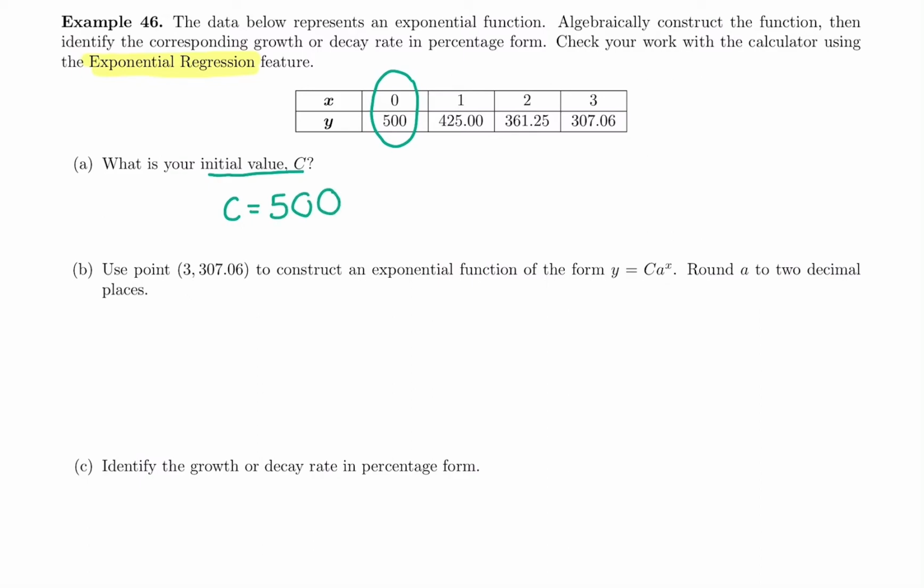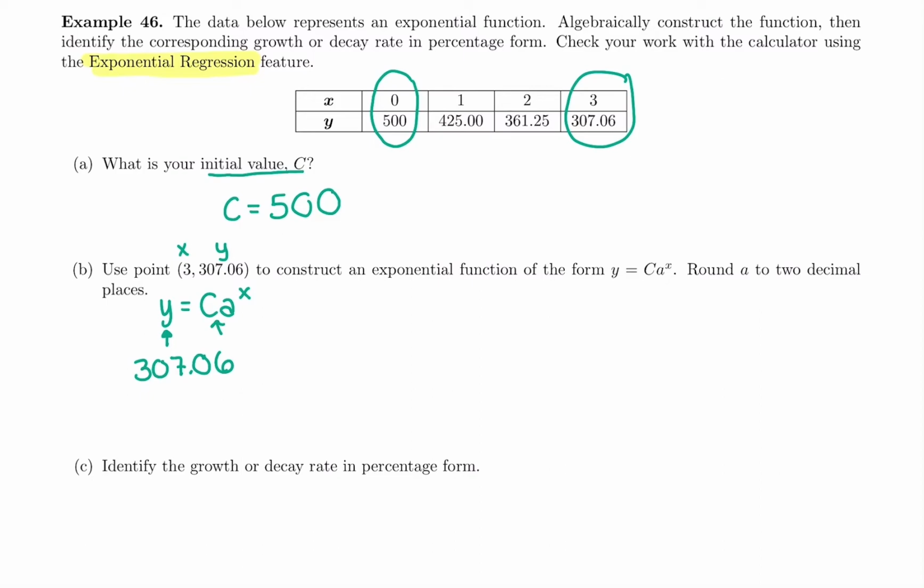The next part says use the points 3, 307.06, this other point here, to write the full equation. Round A to the nearest 2 decimal places. So we're going to write y equals C times A to the X and replace everything we know except for A. So the Y value of this point is 307.06.